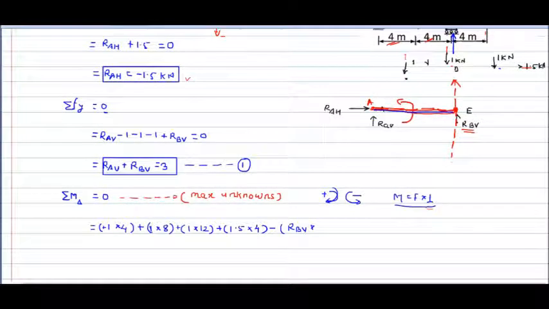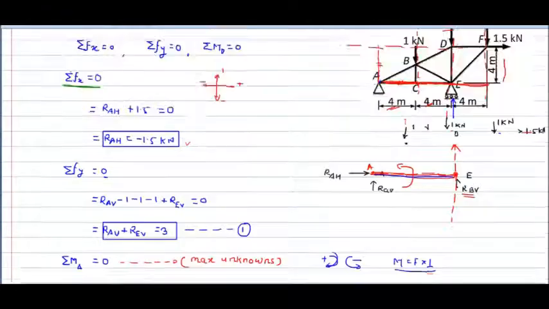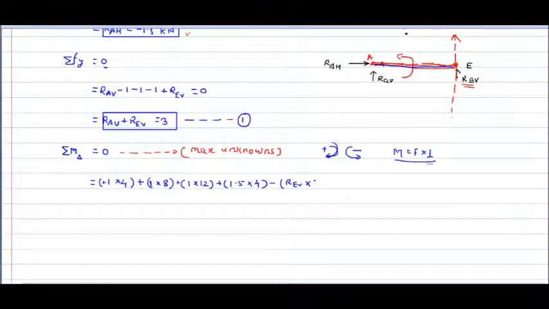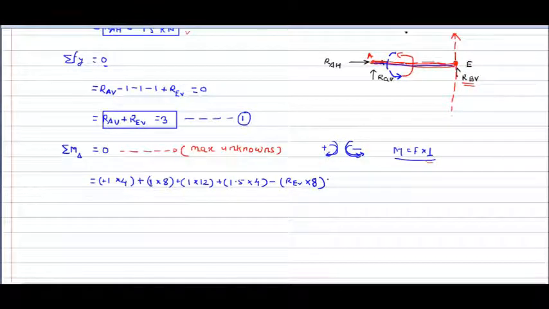So here also we need to make that change, RE vertical, multiplied by the perpendicular distance for this RE vertical, which is 4 plus 4, that is 8. And why this sign convention minus? As it is going to create an anti-clockwise moment, this anti-clockwise we are going to take as negative. So this is equal to 0 as per the condition of equilibrium.